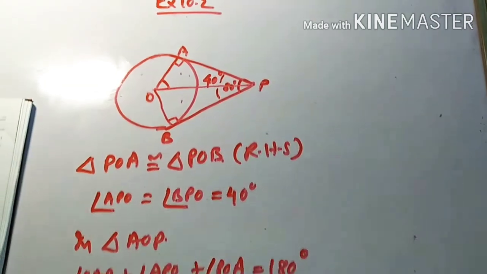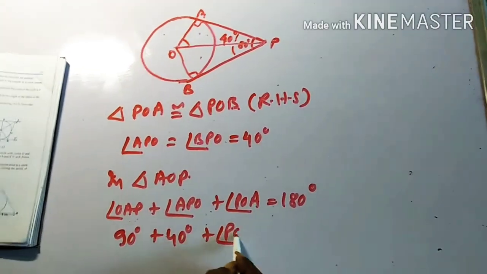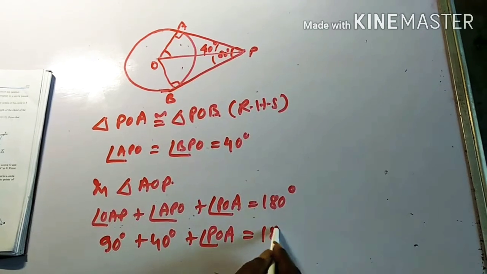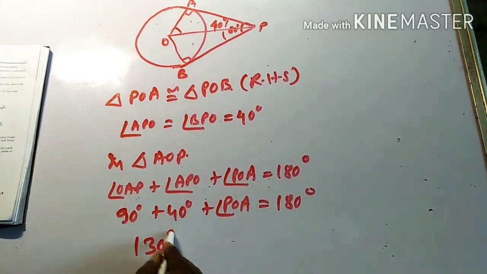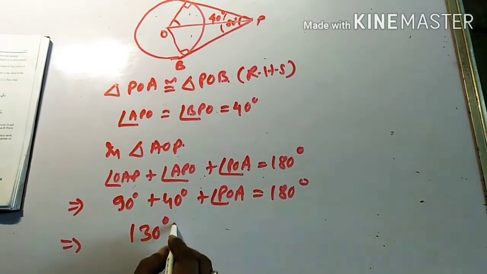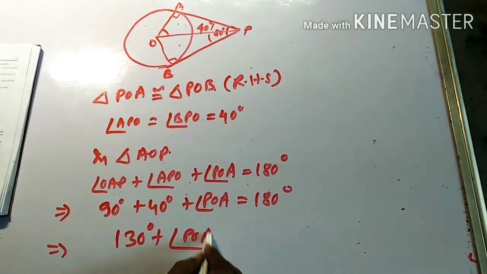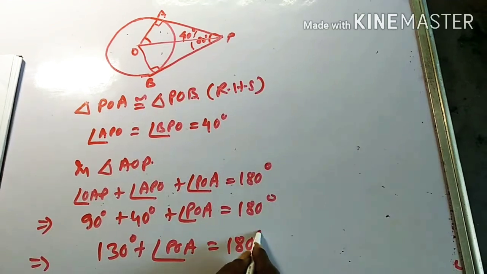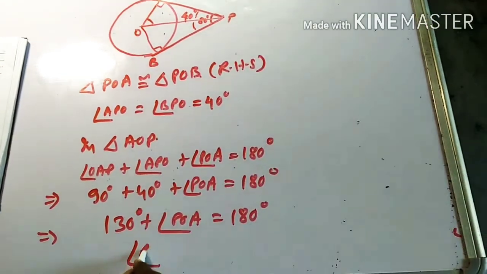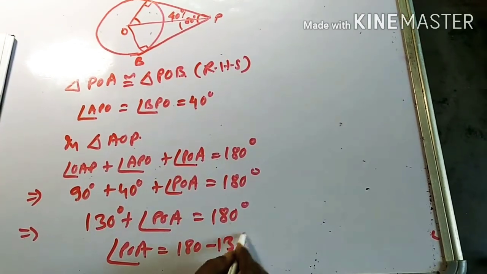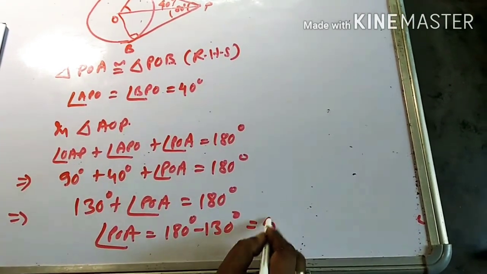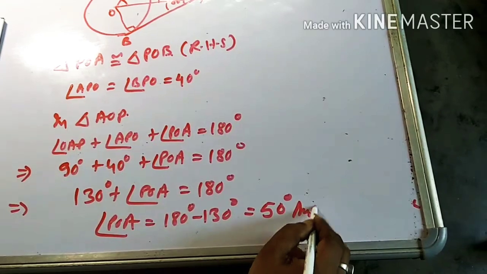And POA, we have to find out. So 90 plus 40, this is 130 degree, plus angle POA equals 180 degree. So angle POA, 180 minus 130, comes out to be 50 degree. This is your answer.